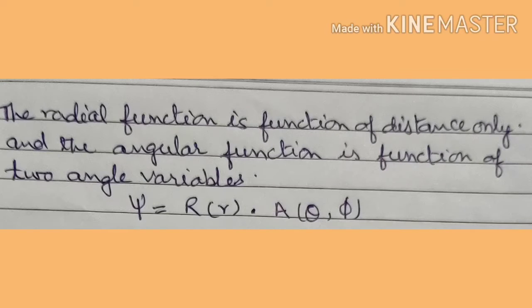So we can write psi equals R(r) times A(theta, phi). Here psi is the wave function for the electron wave, and r is the distance.